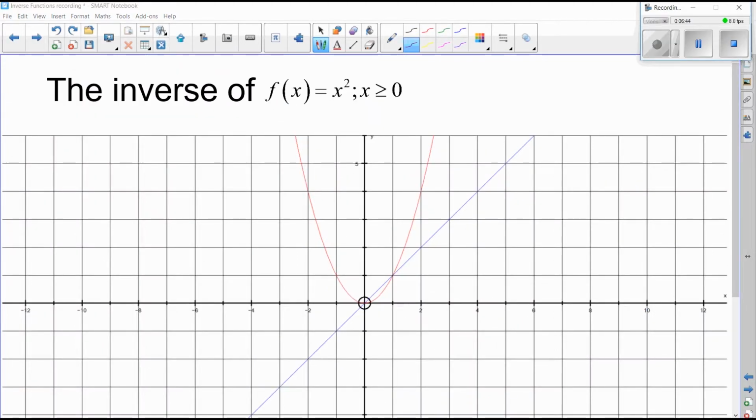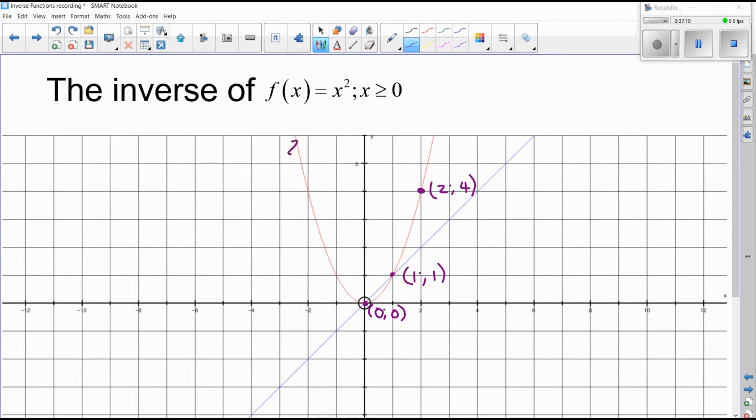So we're going to have a closer look at the inverse of f of x equals x squared for positive x values. So we are only concentrating on the positive x values. So we have the coordinate 0, 0. We have the coordinate x is 1 and y is 1. And we have the coordinate x is 2 and y is 4.